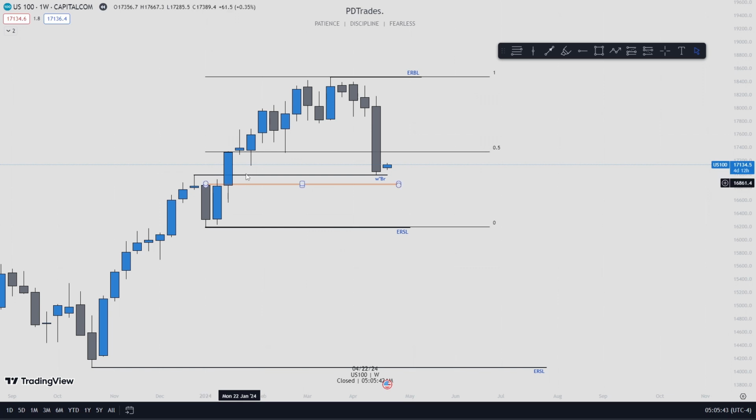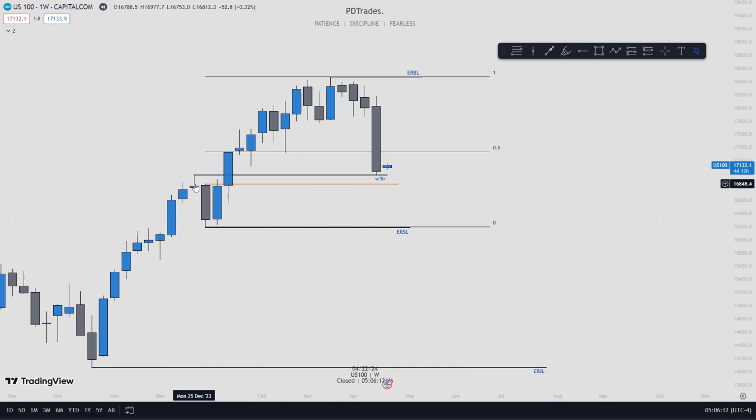From this entire range here, on the weekly time frame, the market retraced inside the discount PD arrays, which is this weekly breaker and this fair value gap. You see it? So that was the draw on liquidity for the past week.